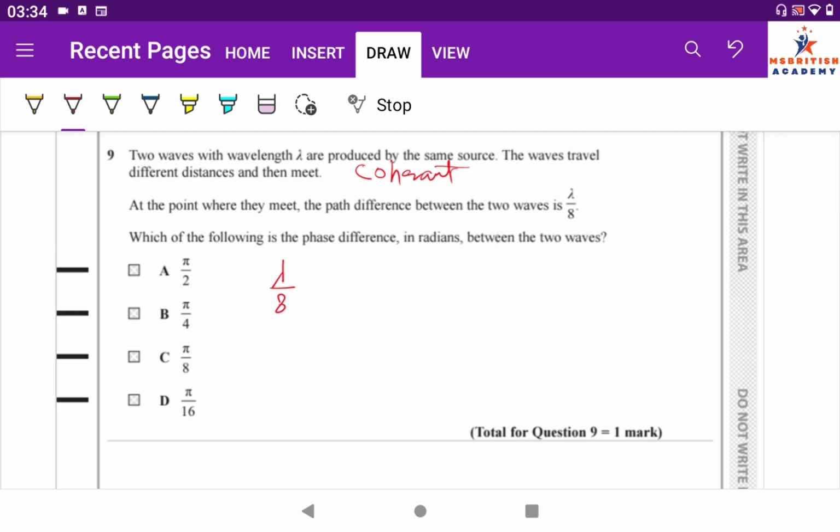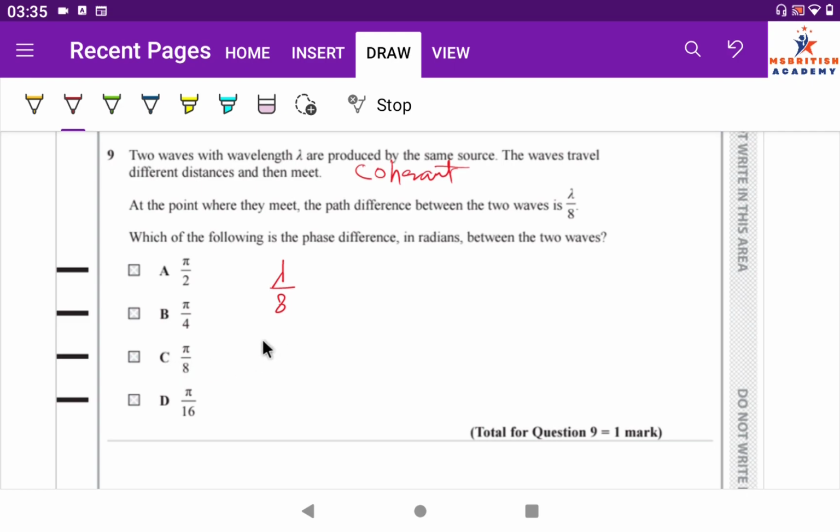Okay, path difference is given, and now I have to do this. Path difference.